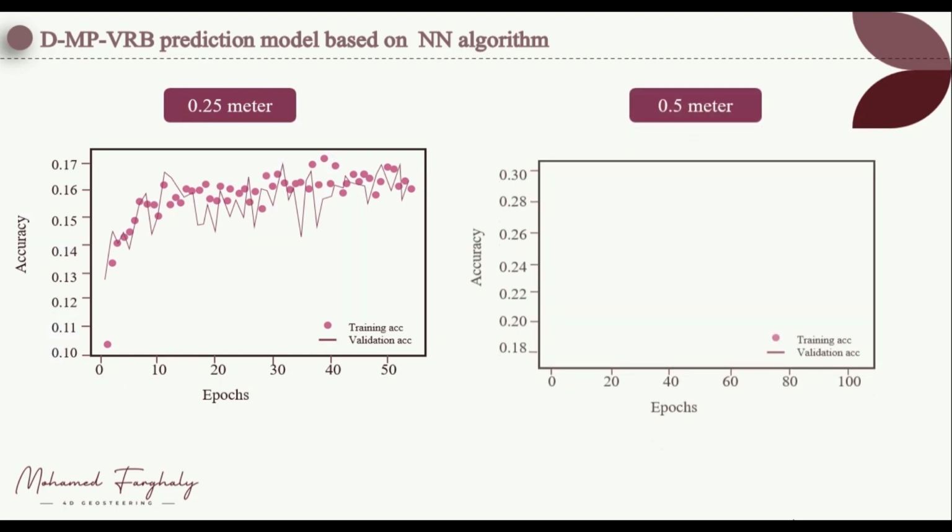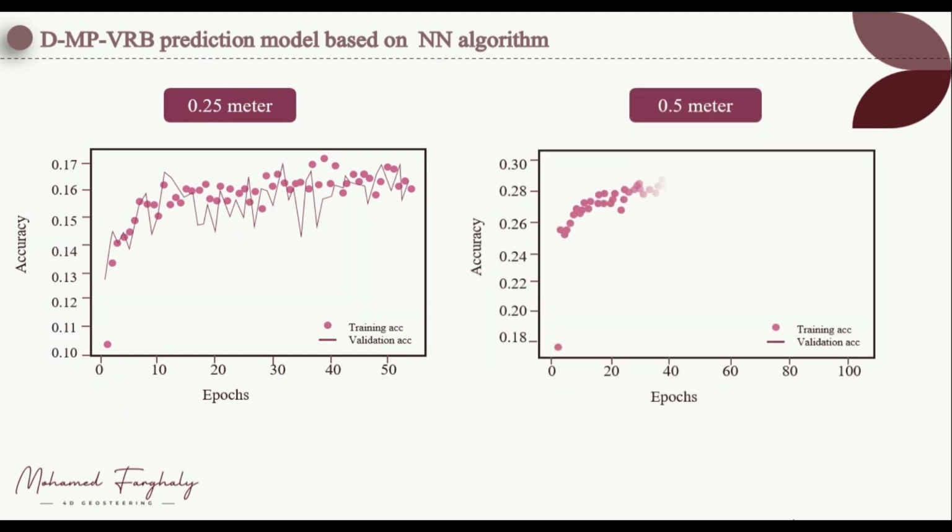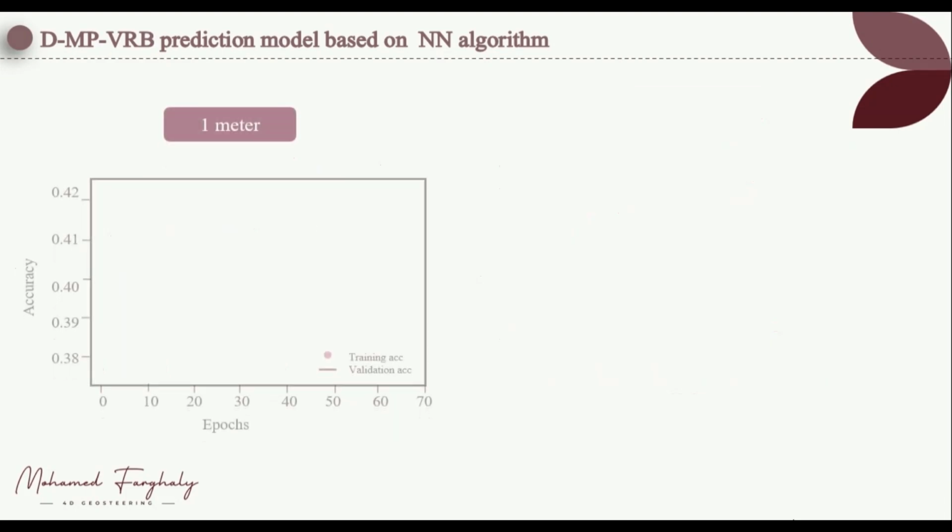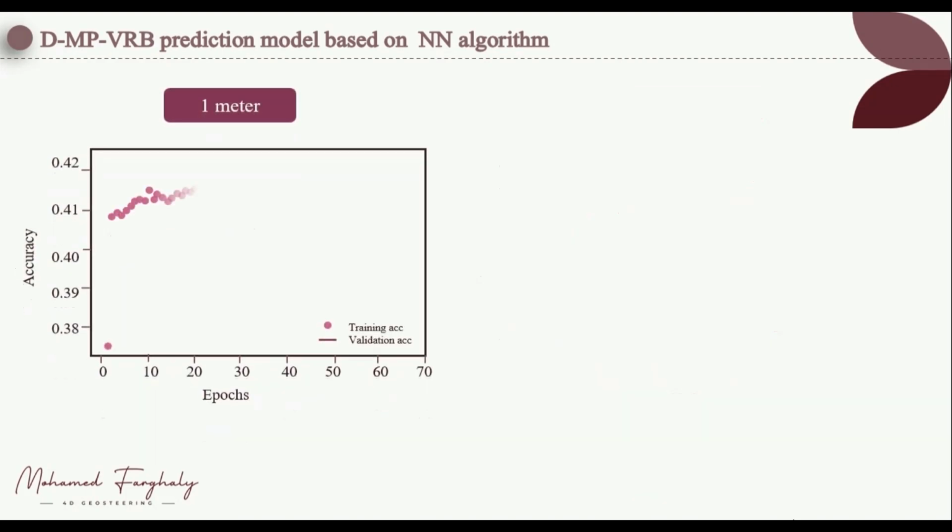For 0.5 meter, the training set accuracy equals 29.42 and verification set accuracy equals 28.79. For 1 meter category, the training set accuracy equals 41.90 and verification set accuracy equals 40.47.